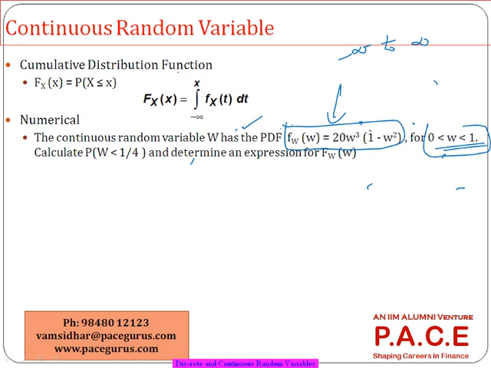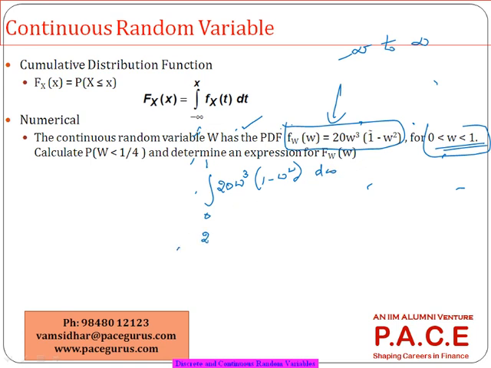So if I integrate it from minus infinity to plus infinity, here I don't need minus infinity to plus infinity, because the range is already given. It cannot take anything beyond this. So if I integrate this function from 0 to 1, some common integration formulas are probably worth revising.